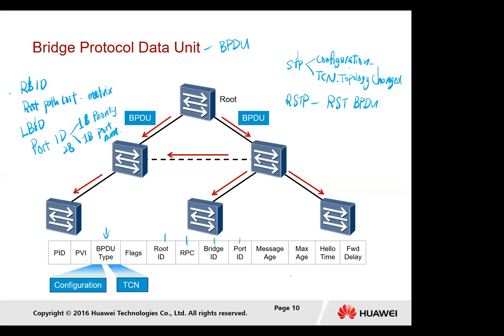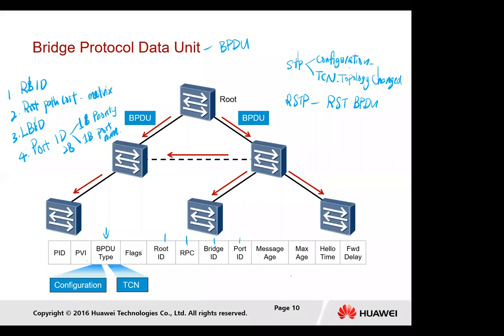So they appear in a sequence: number 1, number 2, number 3, number 4. When selecting the root bridge, they always start from number 1 to number 4, from top to bottom. First I compare: is your root bridge ID and my root bridge ID the same? If it's the same, what are the path costs for me and you going to the root bridge?